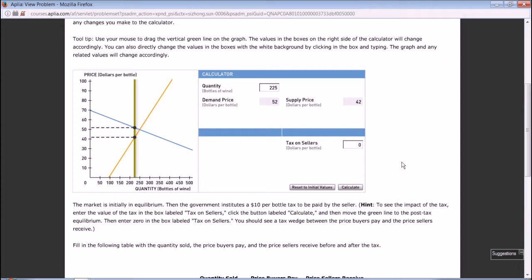This is $10. So calculate. So now demand price is 50.